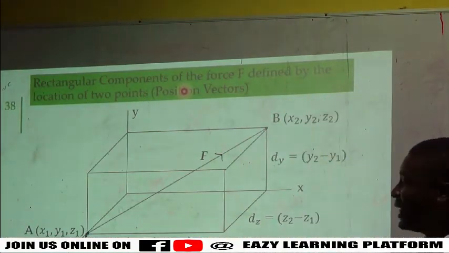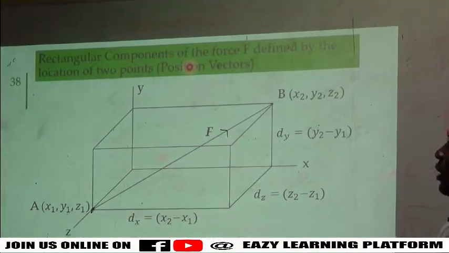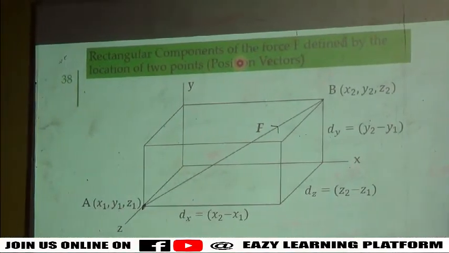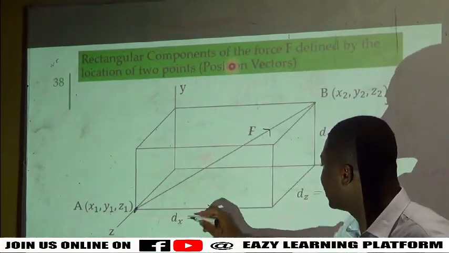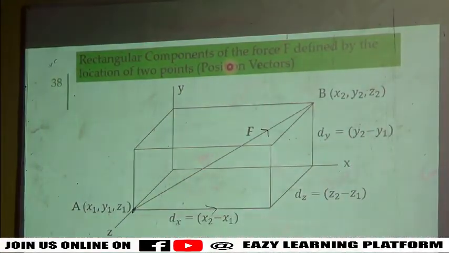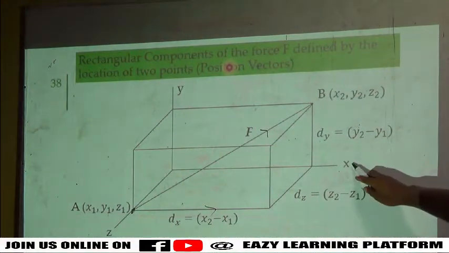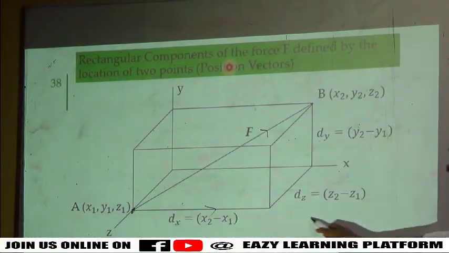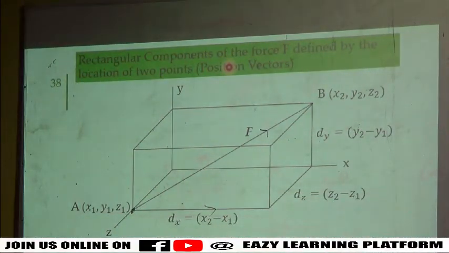You can move in any direction along the Cartesian. So I want to move from this side to this side. I move dx in the x direction, so I have dxi.